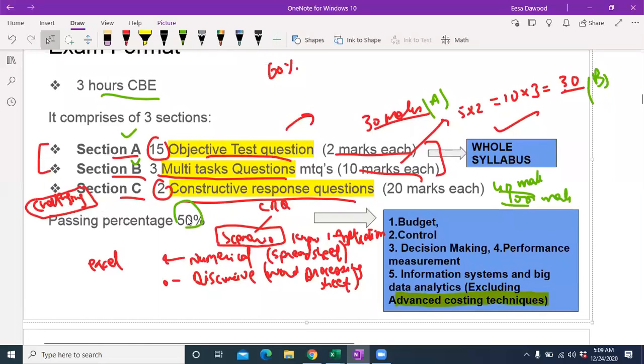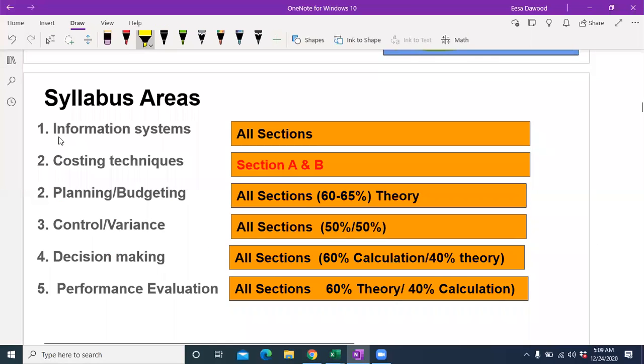So now, what are the syllabus areas in detail? One syllabus area is information system. You could have questions in the entire paper: any question could come in section A, section B, and section C. However, as I told you, there's another area which is based upon the theories and concepts of costing techniques, like marginal and absorption costing, which you're familiar with.